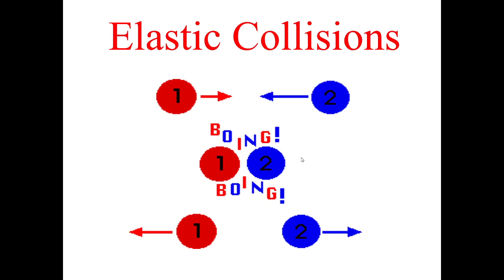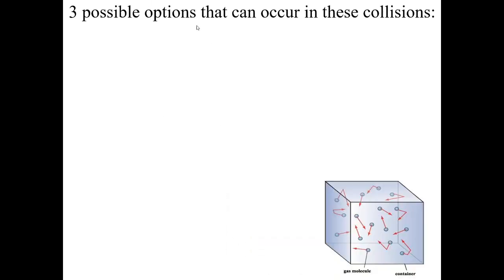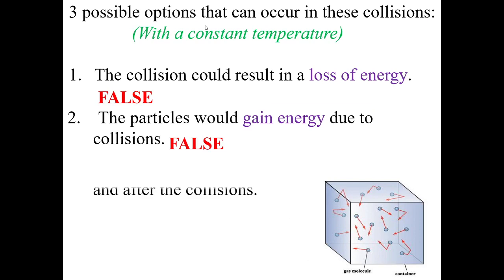We're not in a vacuum. But what elastic collisions are basically is that when gas particles collide with the sides of a container and exert a force. Sorry, I'm going to skip this part for a second. I'll come back to it, I promise.